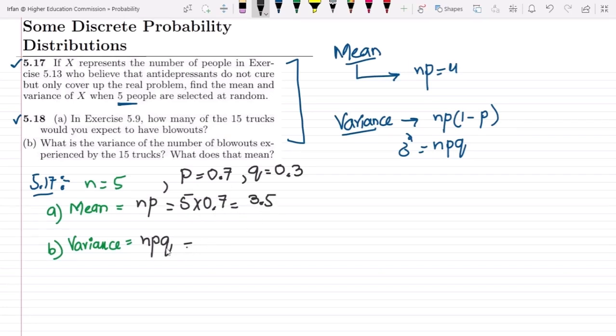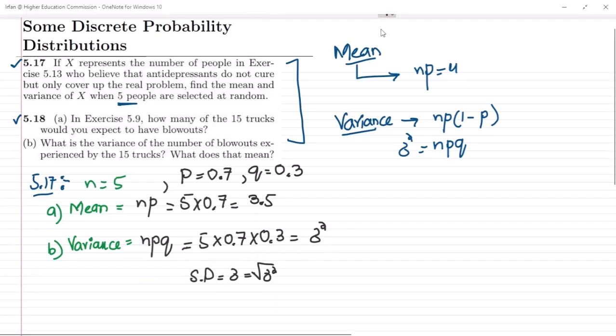Also, putting the values in the variance, n is 5, p is 0.7, and q is 0.3, so it will be something like 1 point something, and this is sigma squared. Similarly, if you want to find the standard deviation, which is sigma, you have to take the square root of the variance. So this is the standard deviation, and we have found the values, and these are basically the answers to our questions.